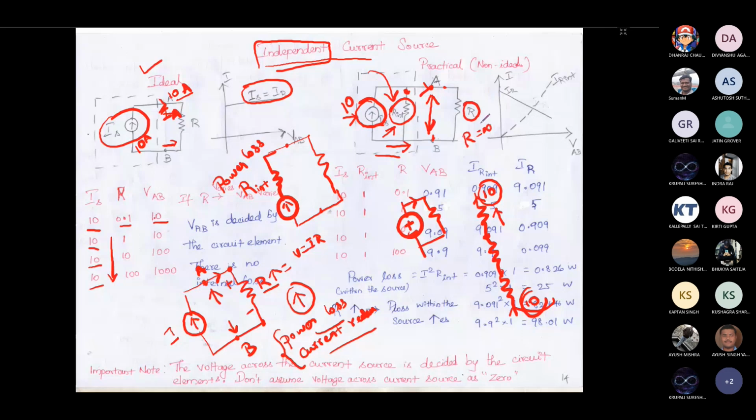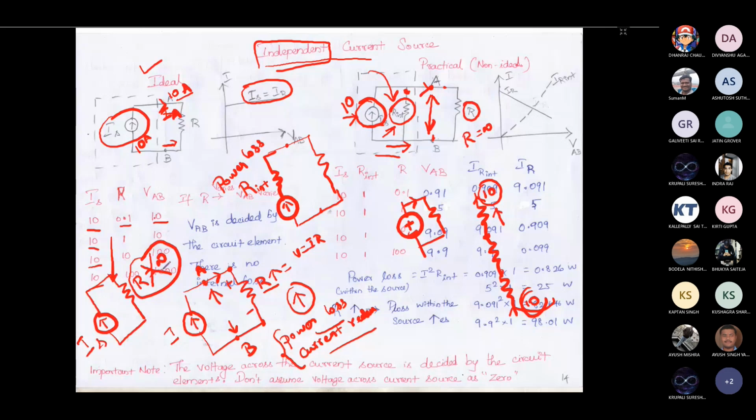If you connect a current source like this with a resistor here, and this is I, except when R is infinite, whatever the resistance value, the current coming out of this source will never change.